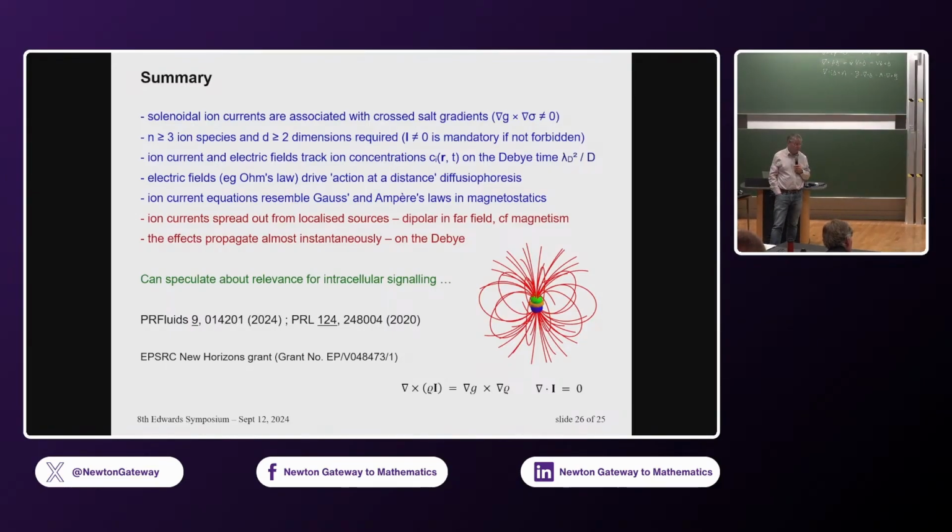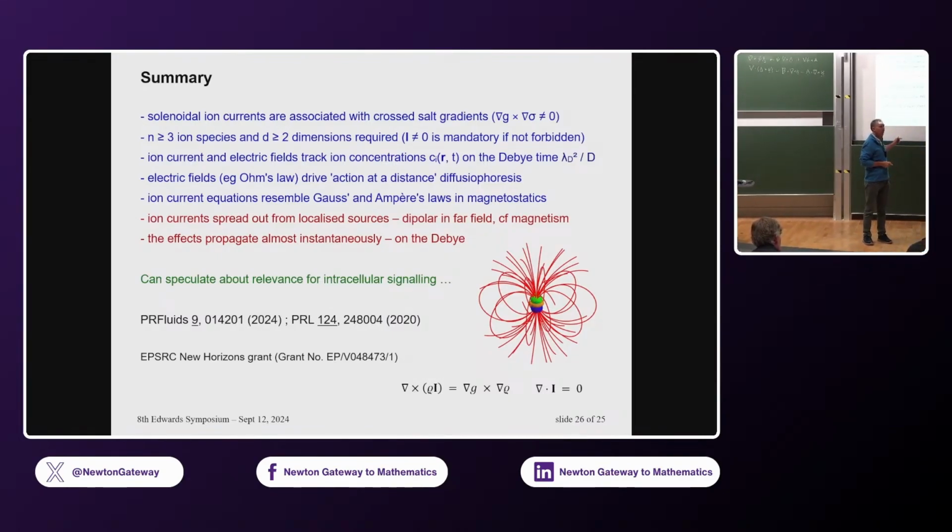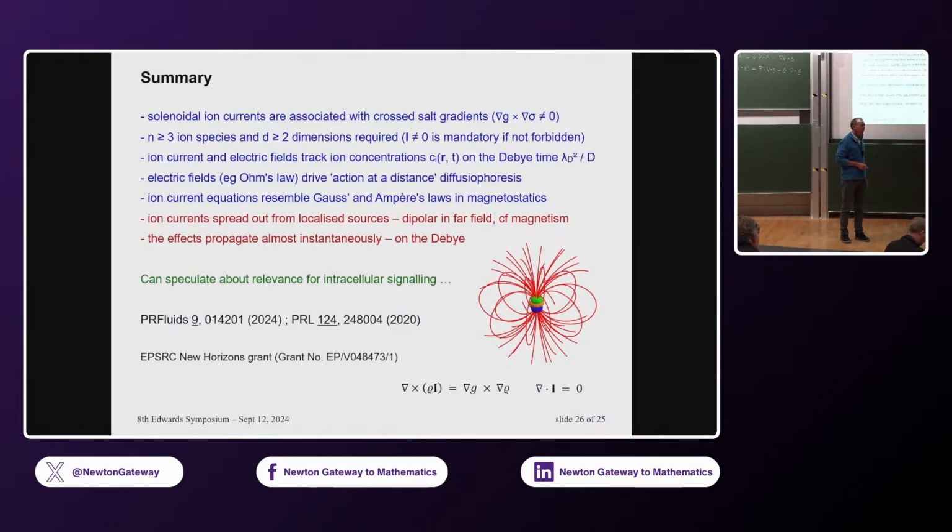Well, the E fields associated with the ion current will generate diffusio-osmosis or electro-osmosis at any interfaces. But it sounds like you're asking a slightly different question, which is that if you have conduction in the surface layer, which is a sort of Dukhin number effect, we haven't thought about that at all, but there could be all sorts of interesting phenomena that arise in more complicated situations. It's wide open.